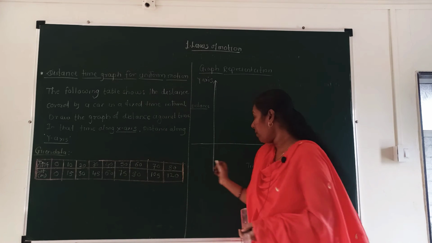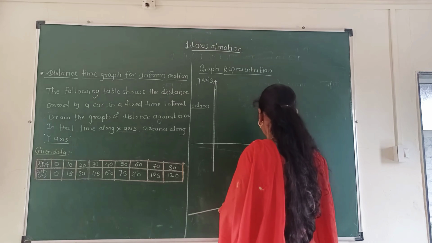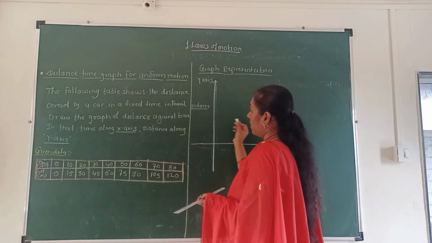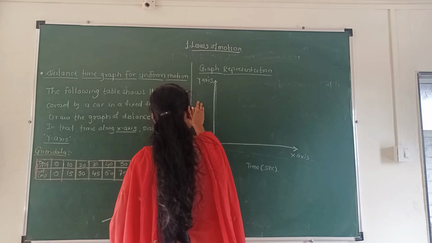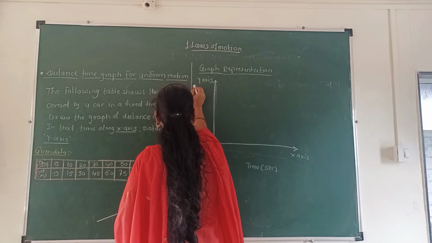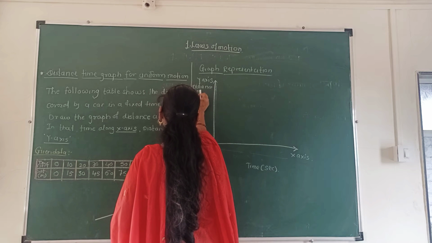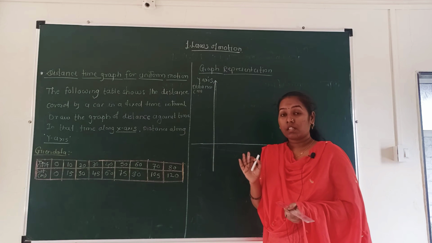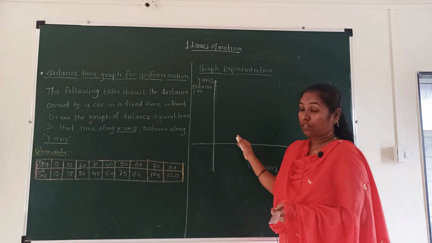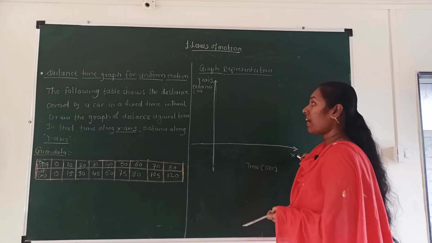See, here the unit for time is second, and the unit for distance is meter. Distance in meters. See, clear? Two things. First of all, here is the y-axis and here is the x-axis.